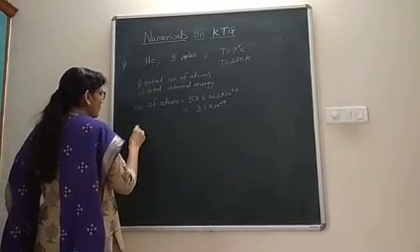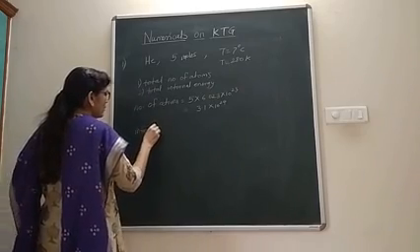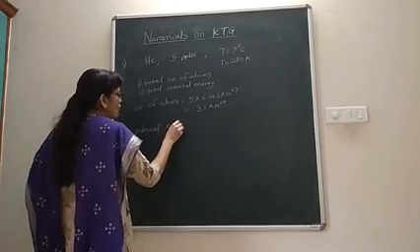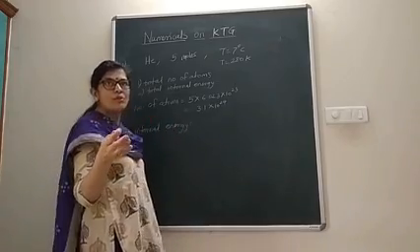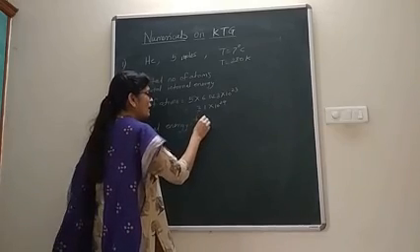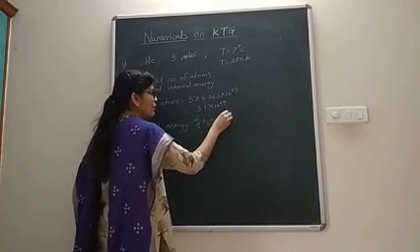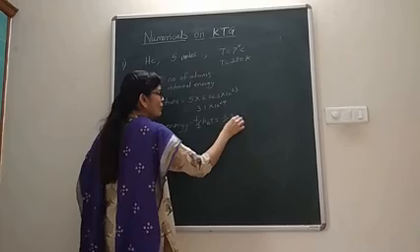Now let us calculate total internal energy. So first let us write equation for internal energy. So internal energy of monoatomic molecule according to law of equipartition of energy, it is f by 2 kBT. So f is 3 because only 3 translational modes are there. So 3 by 2 kBT.